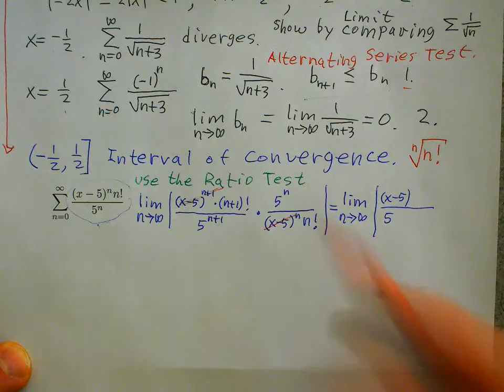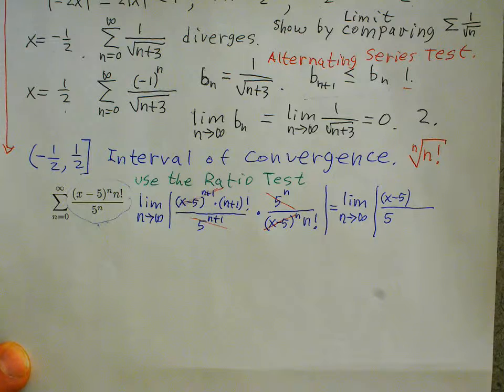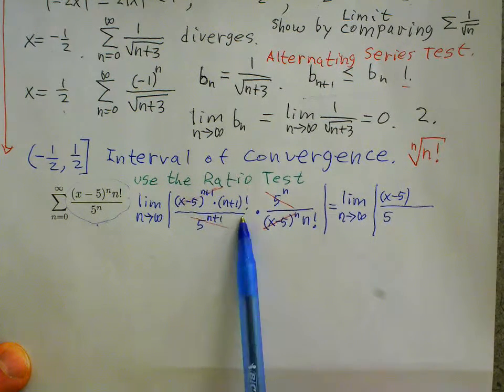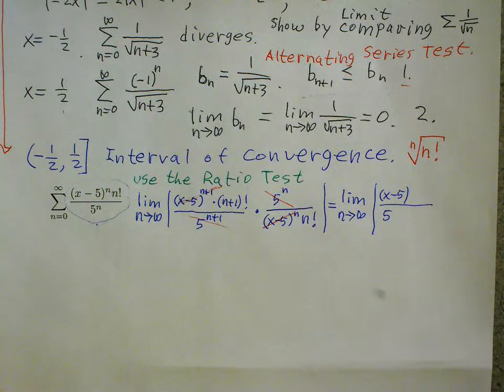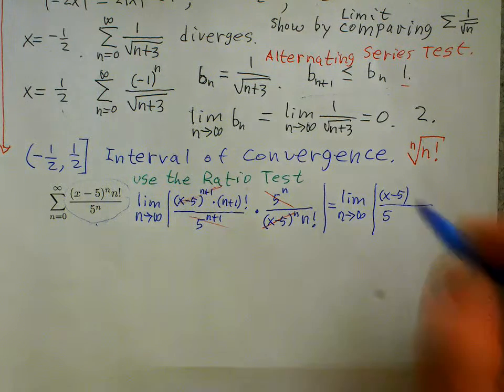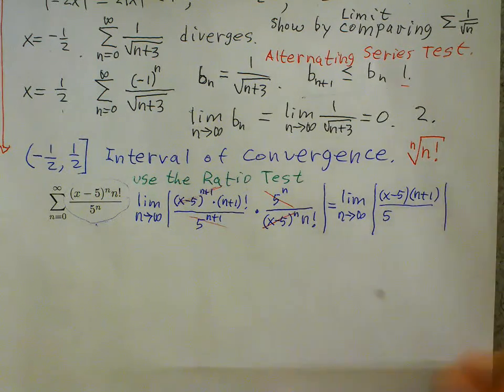And then what about (n plus 1) factorial divided by n factorial? Would it just be n plus 1? Yeah, that should just leave n plus 1 to the first power in the numerator. So (n plus 1) factorial divided by n factorial simplifies to a factor of n plus 1 in the numerator.